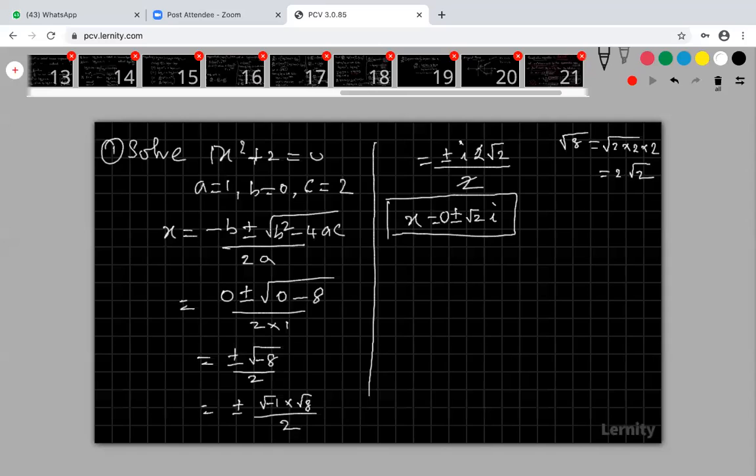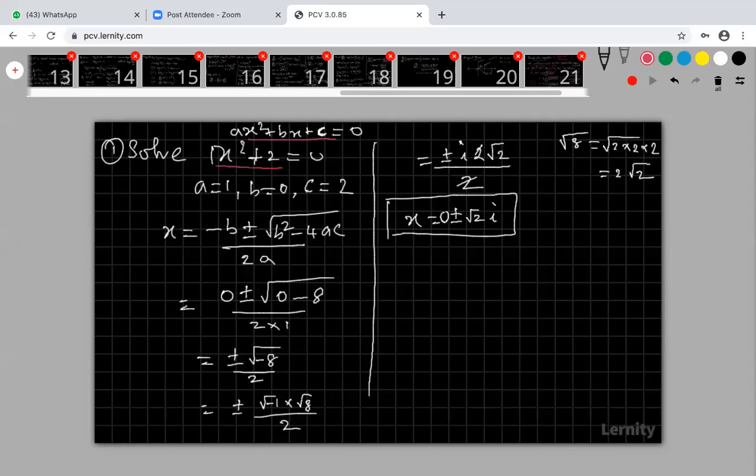Yeah, Preeti, look at that. My general form of the equation is ax square plus bx plus c equal to 0. This is the general form, and this is the given equation. Compare them. In place of a, here 1 is there.